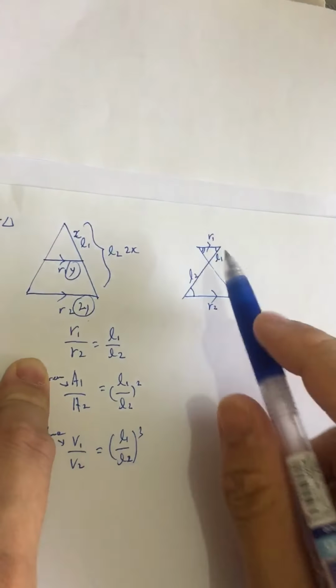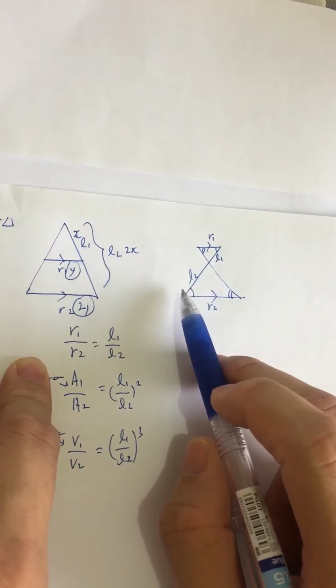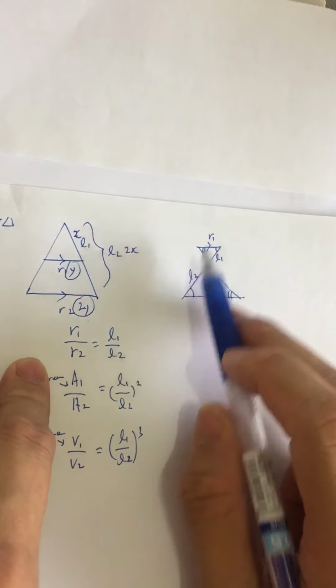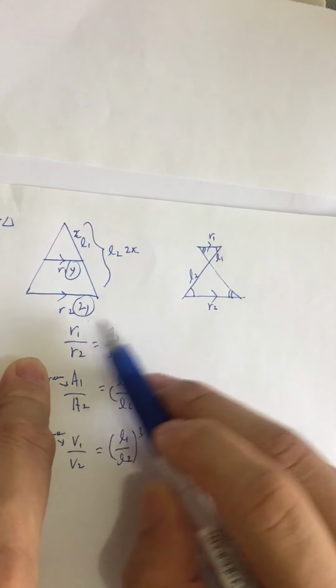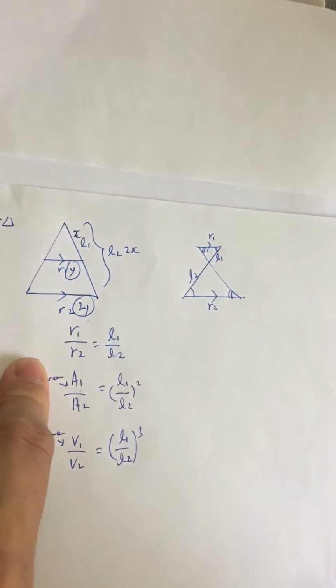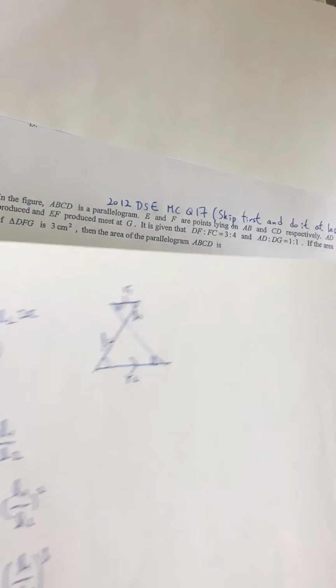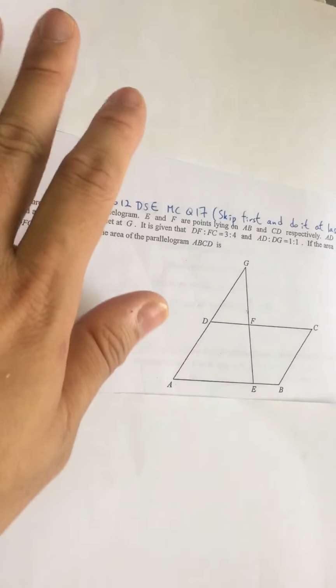So that's why you see that this line to this line is the same as the ratio of this line to this line, okay? We make use of the same equation. So if that's okay, then we just make use of this one, try to do these questions also, okay.